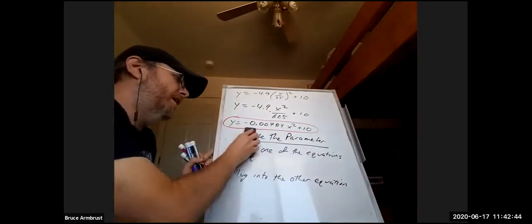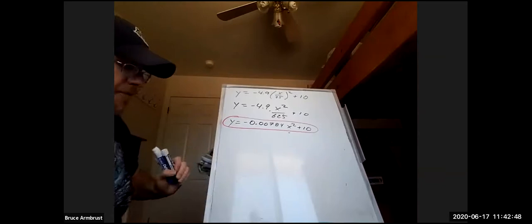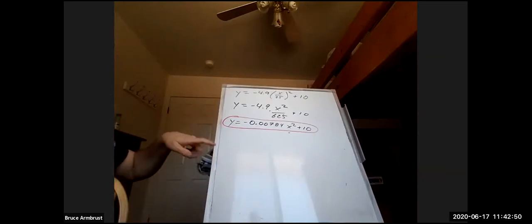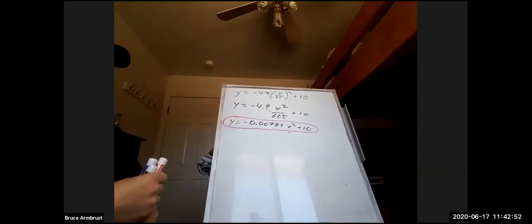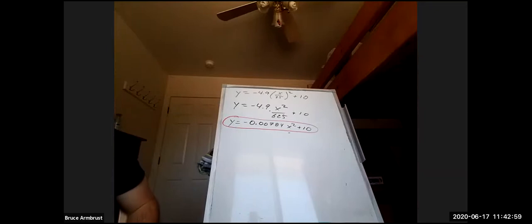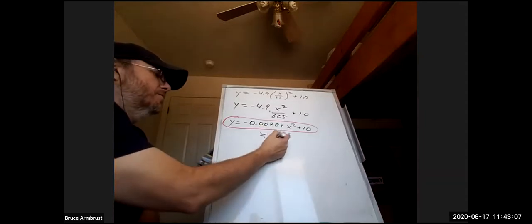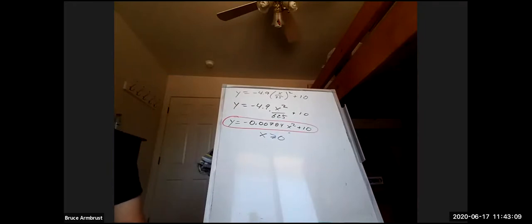Okay, but I do want to mention this. If you were to say that the ball follows this path, that's not quite entirely true, because it only follows part of this path. And the part of the path that it follows is when x was greater than or equal to 0.